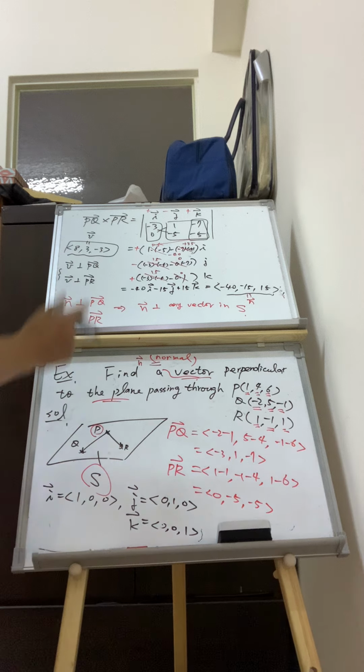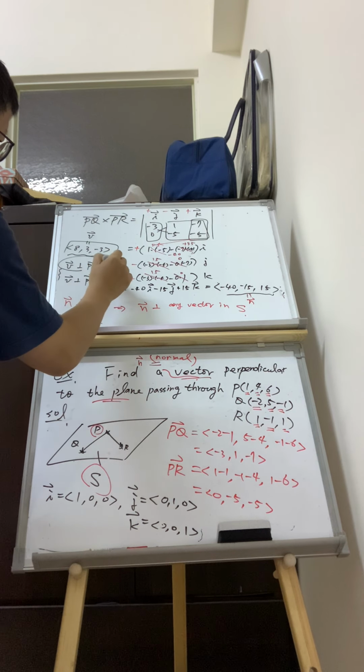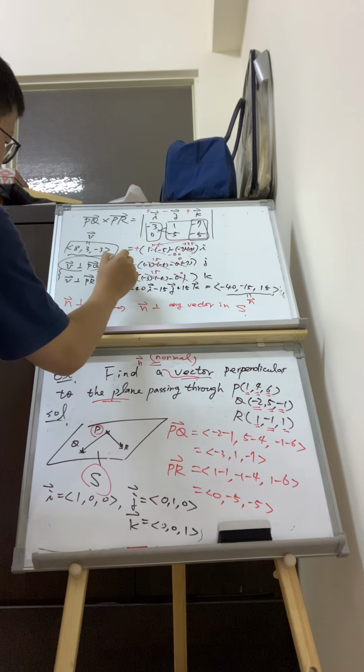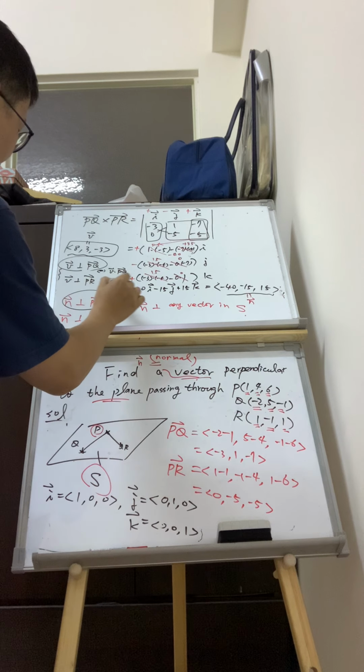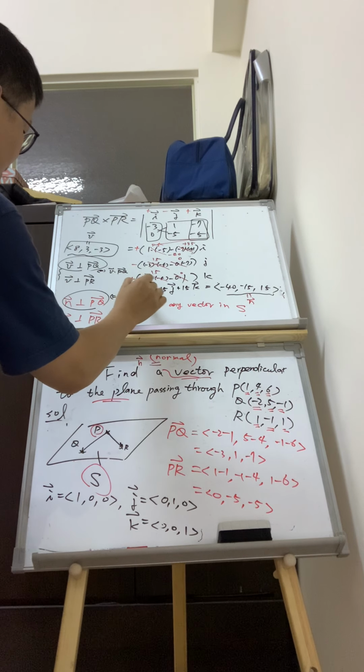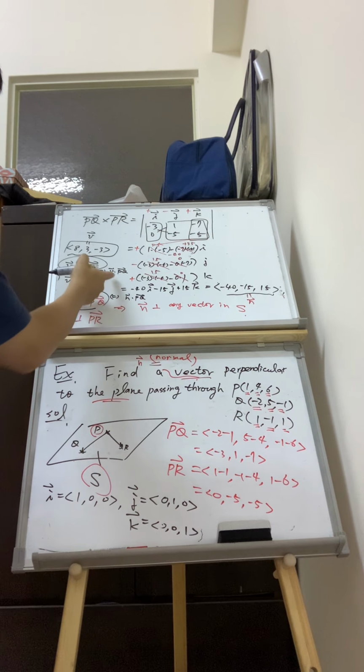The reason is that when we check this, we should consider the inner product. If we say they are orthogonal, it means the inner product is zero. What's the relationship between V and N?